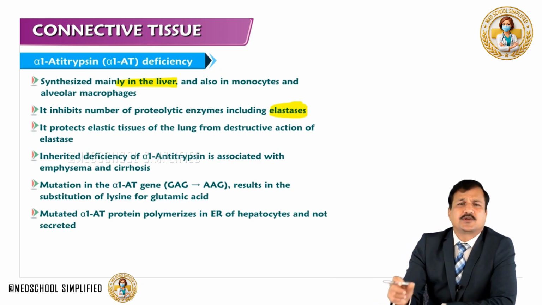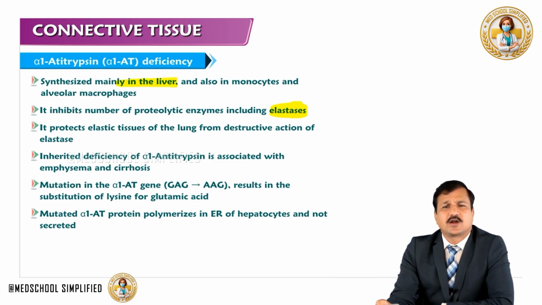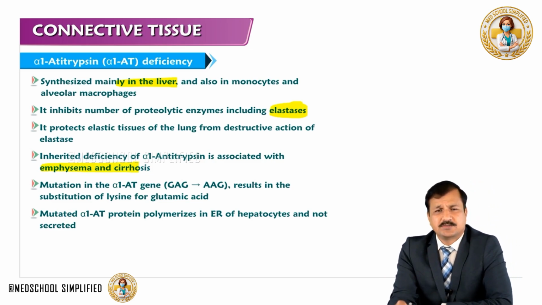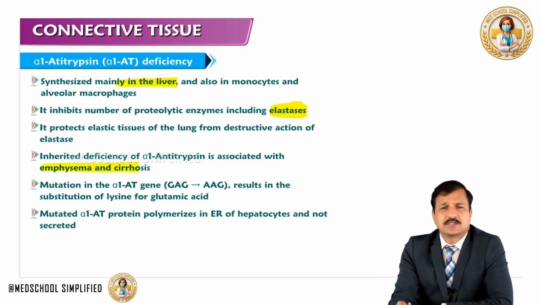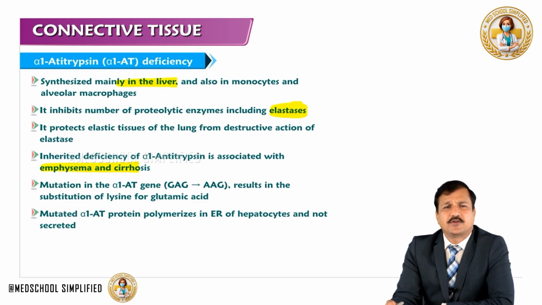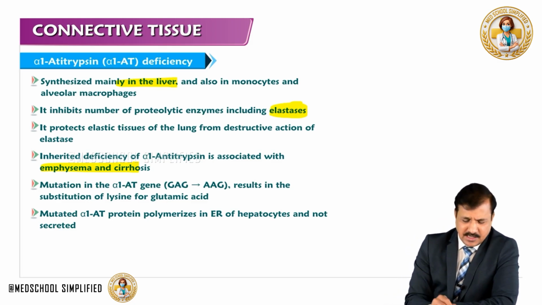What if there is a mutation in the gene that codes for alpha-1 antitrypsin? A mutation in this gene may lead to emphysema and cirrhosis. That means it affects both the lungs and the liver. The type of mutation you see in alpha-1 antitrypsin deficiency is one where GAG is replaced by AAG.